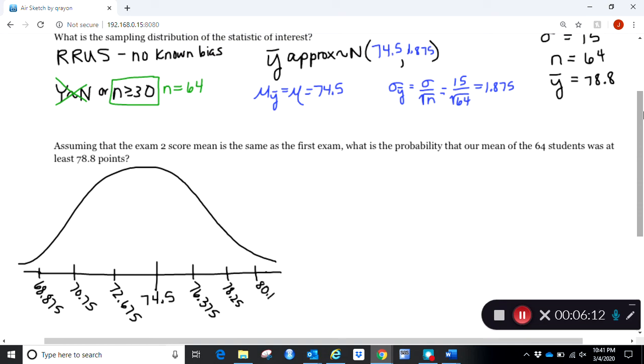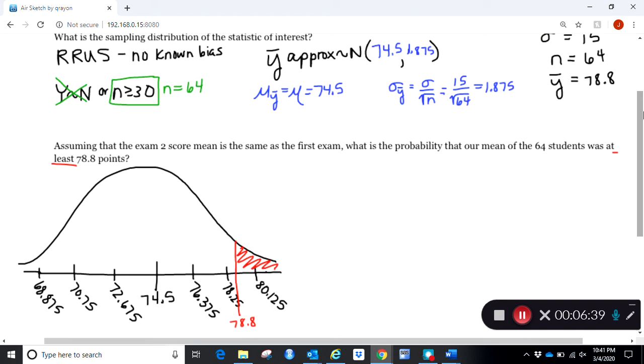So here are our values along the bottom. Now 78.8 is our key number that shows up, which is somewhere roughly about here. And this one says at least 78.8, so we're going to be shading to the right.